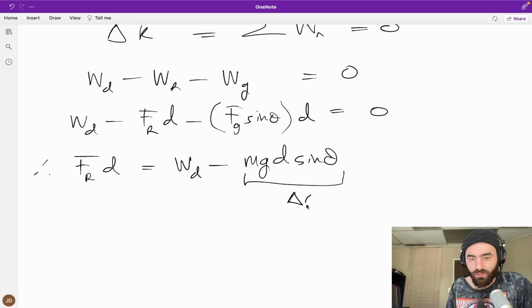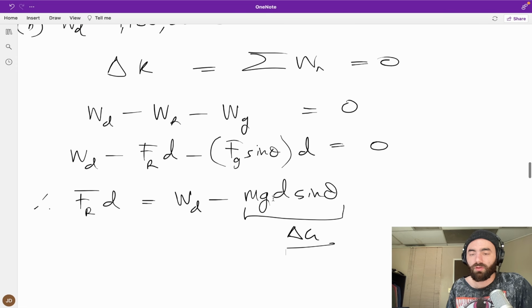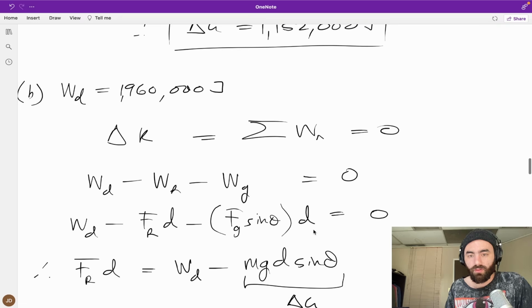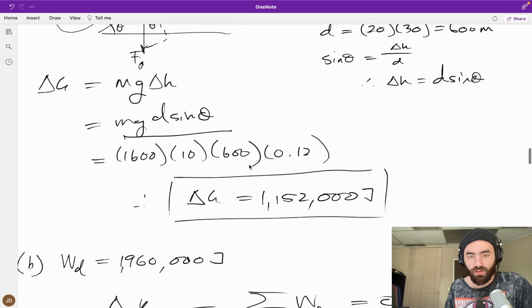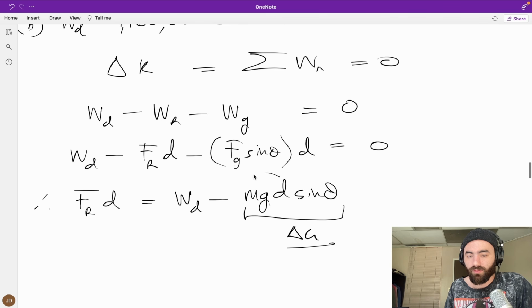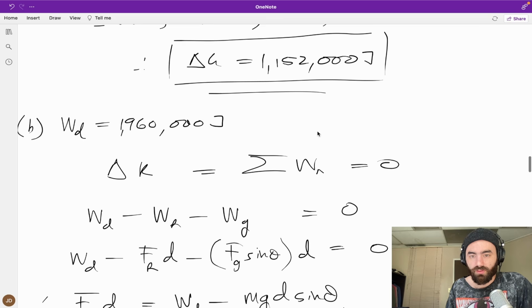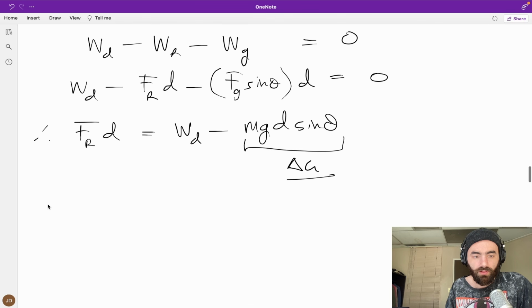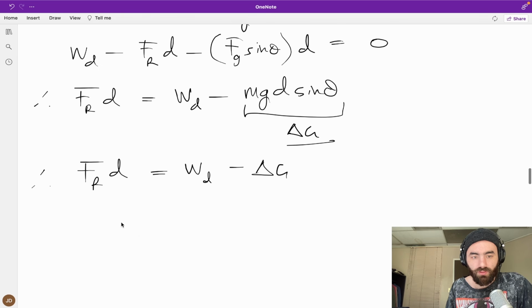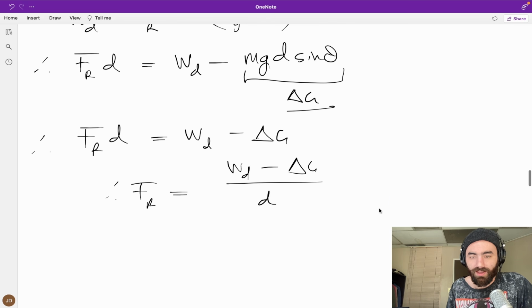This is the change in G, and I went through this concept in my work-energy video. It's the work done by the gravitational force, which we have here, so we can just use that. We don't have to calculate it. Therefore, FR equals the work done by the driving force minus the change in gravitational energy, divided by d.